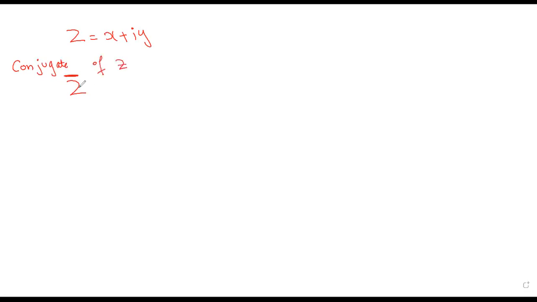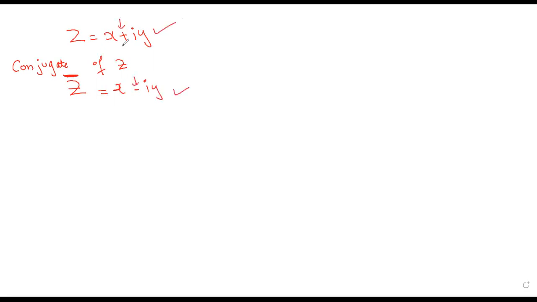Okay, z with a dash on top is basically conjugate of z, and this is what it would be: x minus iota y.